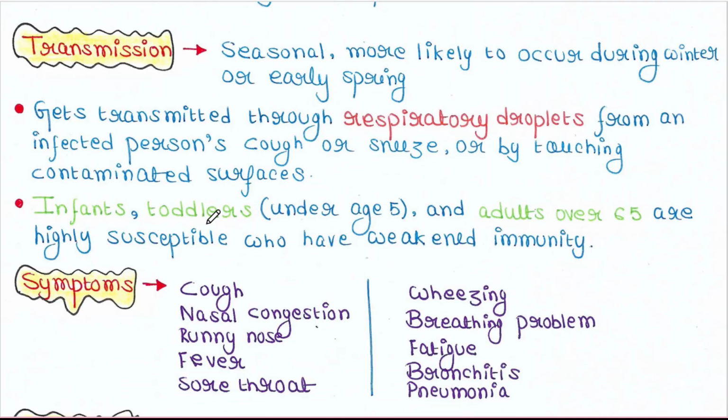Infants and toddlers under age 5 and adults over 65 with weakened immunity are highly susceptible. So if you have a good immunity, it's not a problem for you.